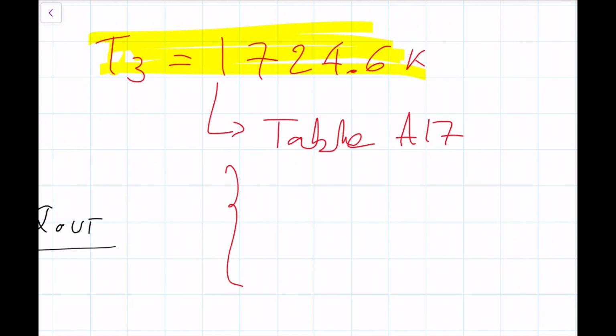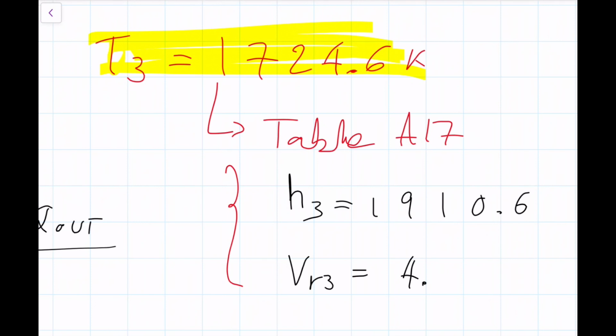And I'm also going to use enthalpy, because I know there's a constant pressure process from 2 to 3, so I can use the enthalpy to calculate the Q in. Right? Enthalpy for this state is 1910.6. And my VR3, its relative volume is 4.546.